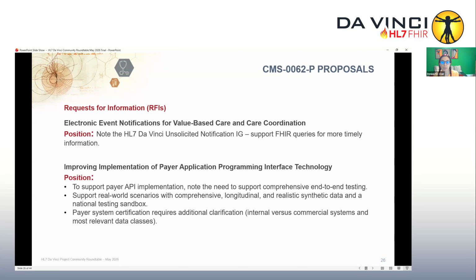One is supporting testing real-world scenarios with comprehensive longitudinal and realistic synthetic data, as there are tons of data available and the ability to create really strong synthetic data from federal data sets. So considering that as something that could be provided to the community, as well as a national testing sandbox, so folks can really do that true end-to-end testing of all of these APIs with real-world endpoints and users.